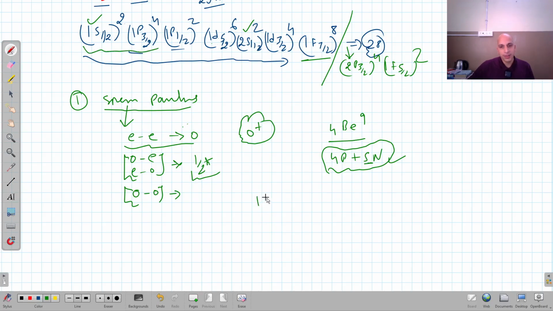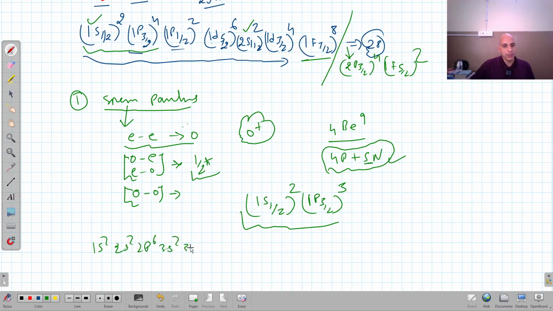So 1s 1/2, 2, then 1p 3/2, 3. So this is the configuration. This is exactly similar to the electronic configuration: 1s2, 2s2, 2p6, 3s2, 3p6, 4s2, 3d10.